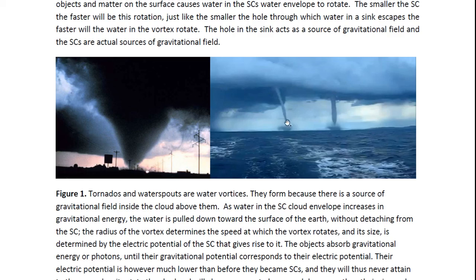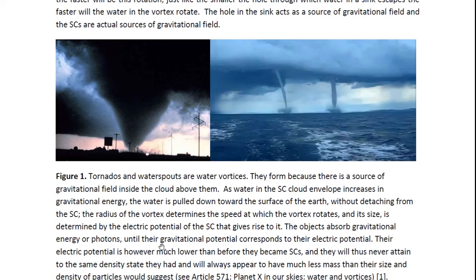So this is water that's being pulled down towards the surface of the Earth. Just like the water in a sink is pulled down through a hole towards the center of the Earth. This is what's occurring here as well. But this occurs without the cloud detaching from the stellar core because it's its envelope. It's holding on to it.